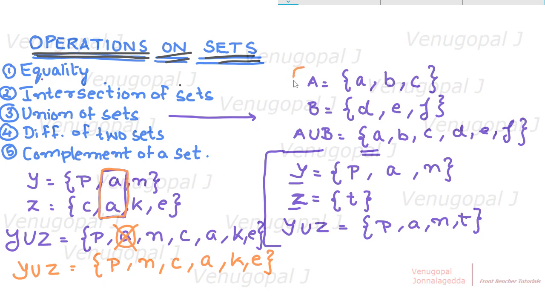In a union, all the elements of both the sets get joined together, with the exception being that the common elements in both the sets are taken only once. So there is only one A over here. So the set of Y union Z becomes P, N, C, A, K, E.